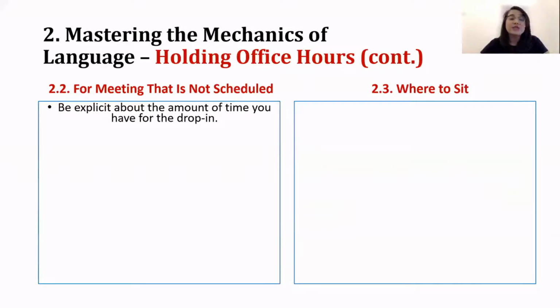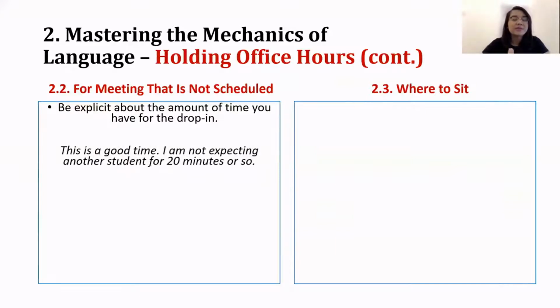We have the right to tell them that we don't have much time for a consultation with them. For example, we can say, this is a good time, I'm not expecting another student for 20 minutes or so. So we set the boundaries. We are clear and explicit about the length of time that we can provide to them. And that's completely okay.